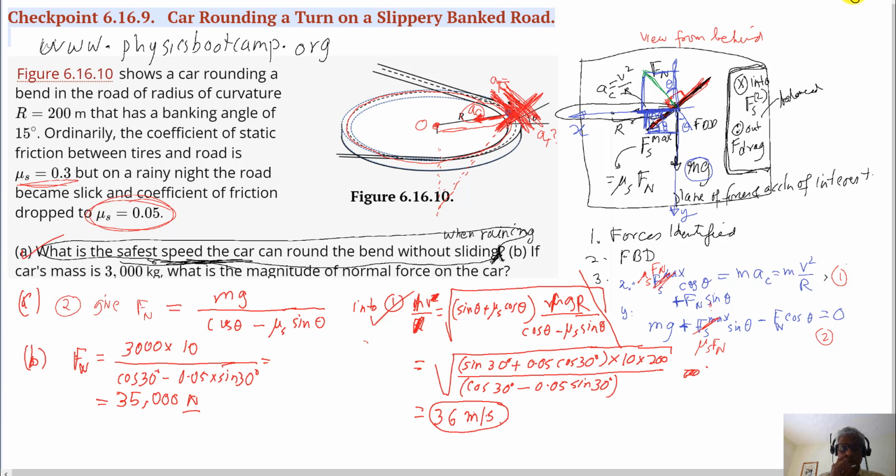Okay, so I did the calculation. I put in all the numbers.